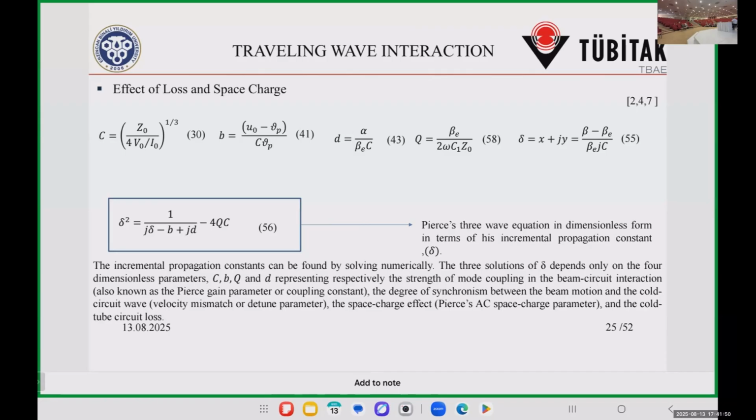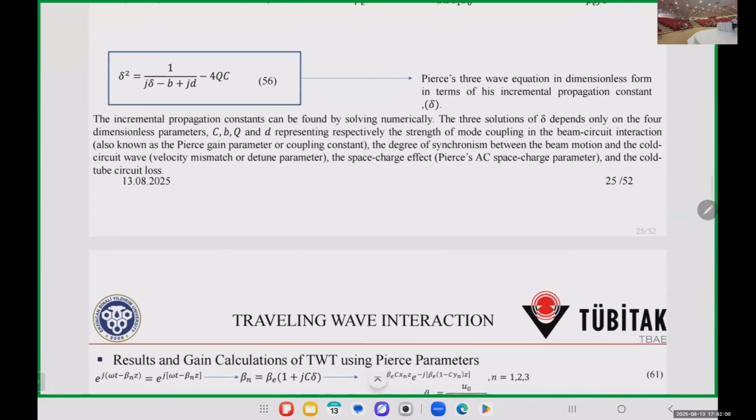B is the degree of synchronism between the beam motion and the cold circuit wave, Q is the space charge effect, and D represents the cold tube circuit loss.